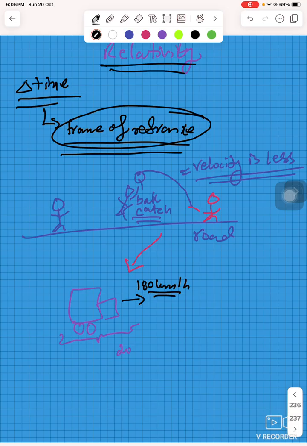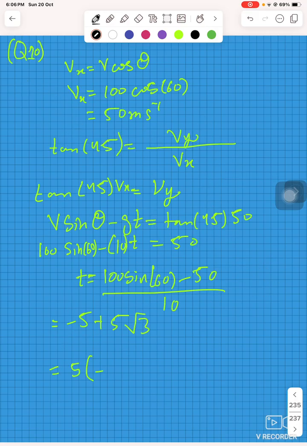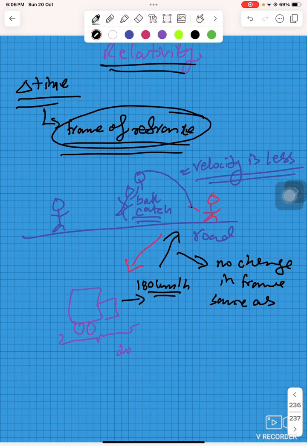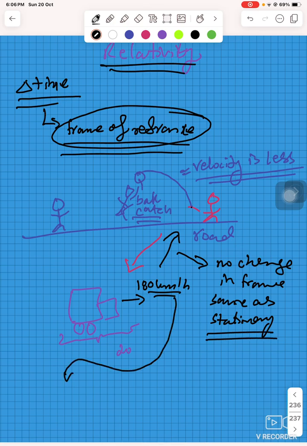Still, there will be no change in frame. It's the same as stationary, because this speed is nothing in front of the speed of light.